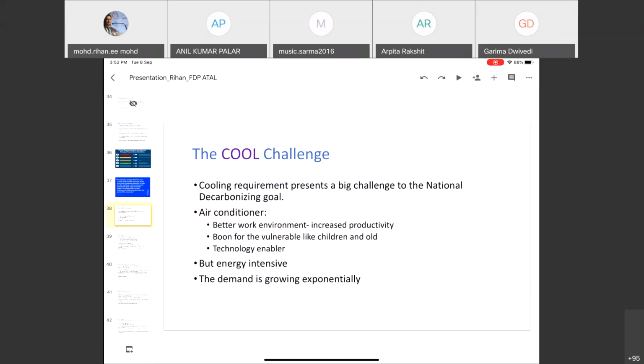Right now, one of the most important requirements throughout the world is air conditioning, particularly cooling. And I believe this is one of the biggest challenges to the decarbonization process of the electricity grid.